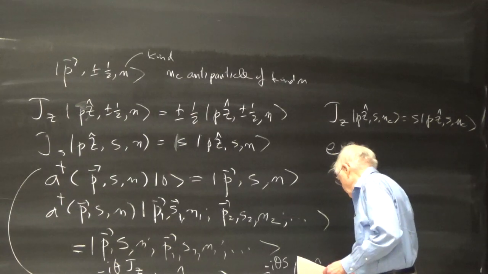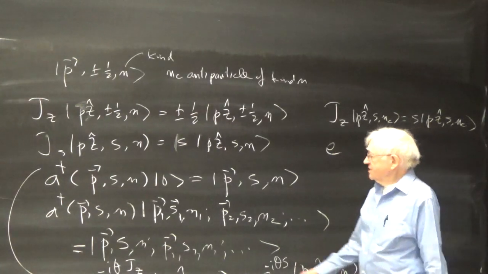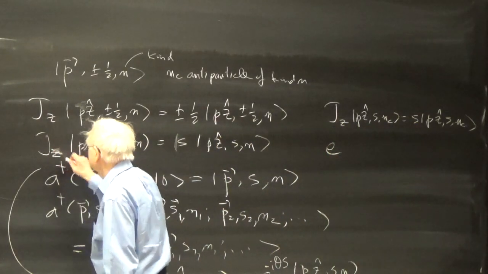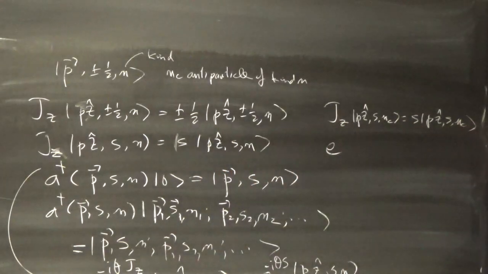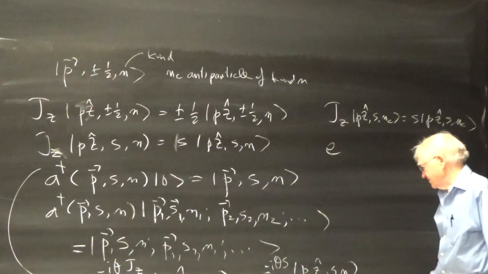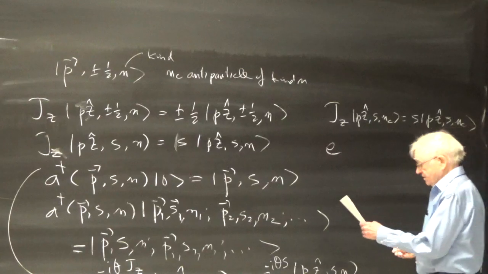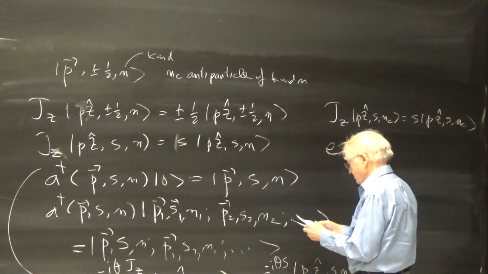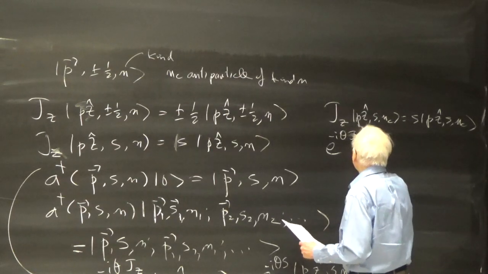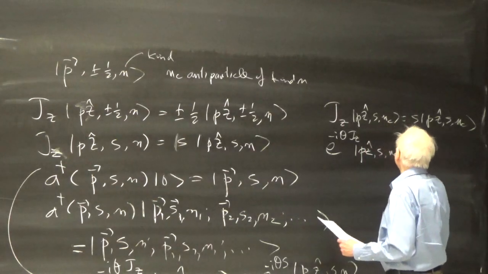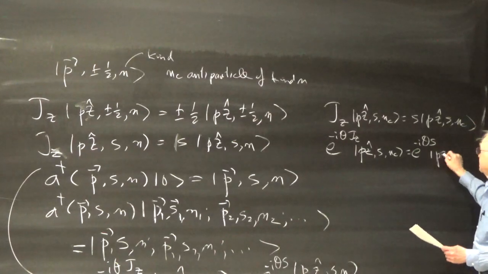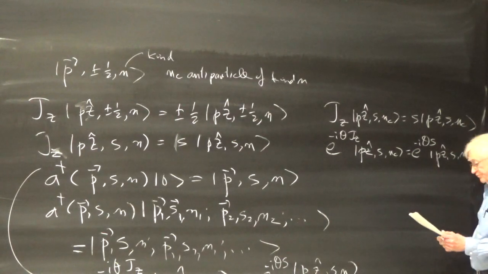Because the state is an eigenstate of Jz, e^(-iθJz) acting on it is e^(-iθs) on the state. And for the antiparticles, the similar equations are e^(-iθJz)|p z-hat, s, n_c⟩ = e^(-iθs)|p z-hat, s, n_c⟩.